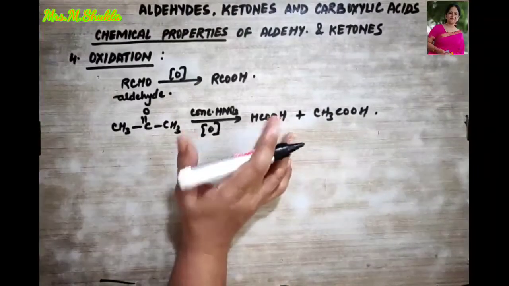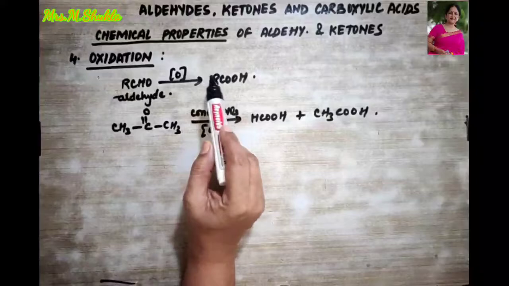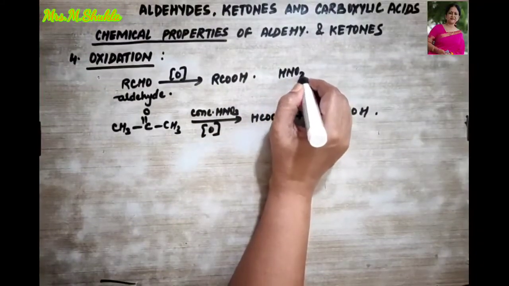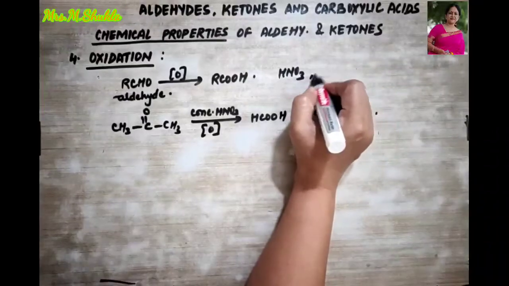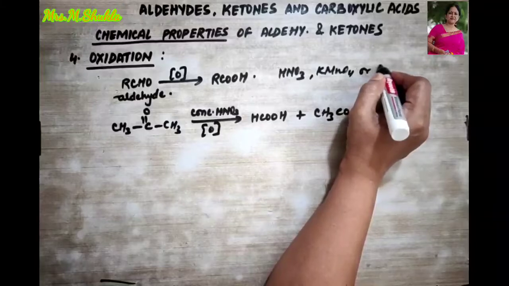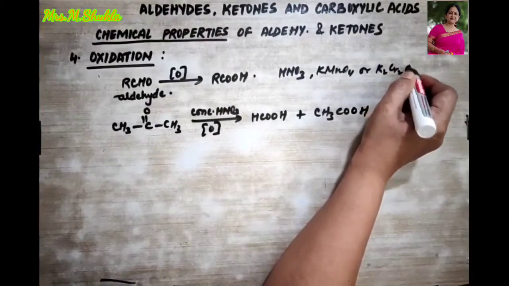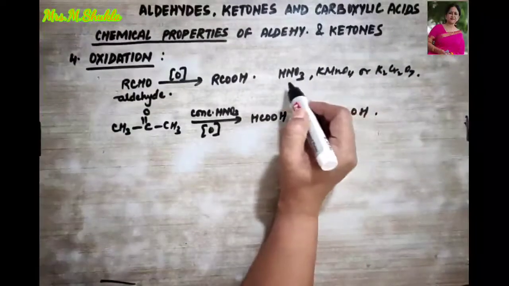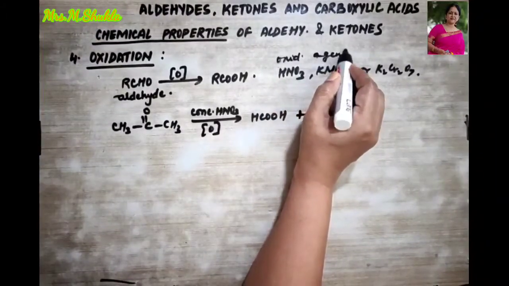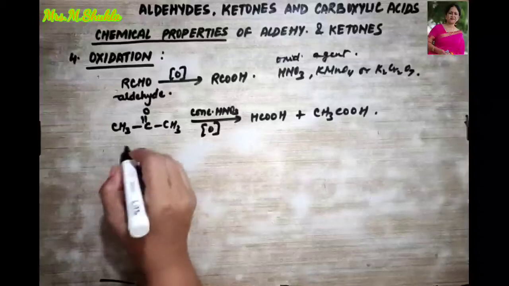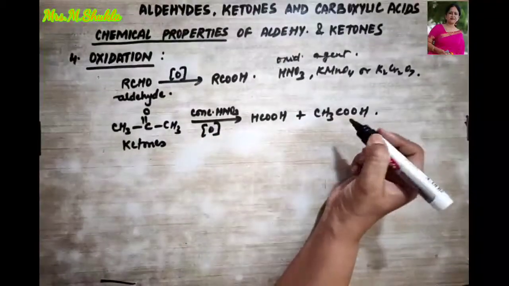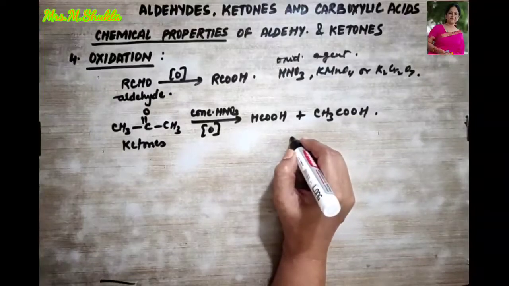The aldehydes are oxidized by mild oxidizing agents. What are those mild oxidizing agents? As I had told you, they could be HNO3 or KMnO4, or they could be even K2Cr2O7. They are mild oxidizing agents. But for ketones we need powerful oxidizing agents. So what are those powerful oxidizing agents?